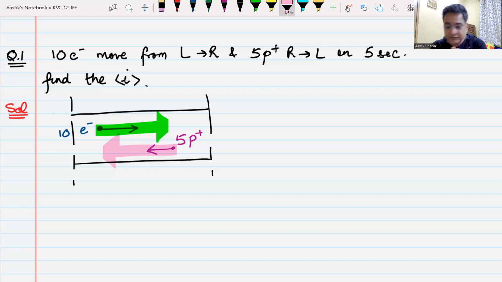What is the net flow of charge? How many net charges are flowing and from where to where? Simple question. Just give me the answer of how many net charges are flowing from where to where.